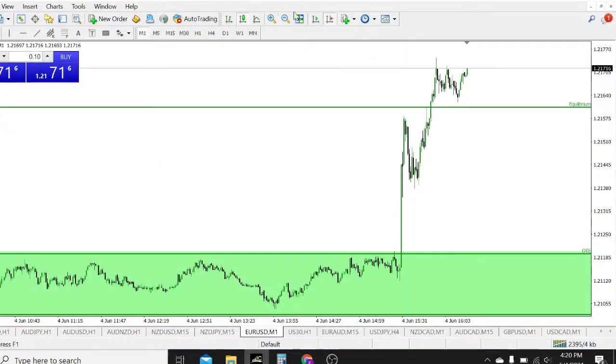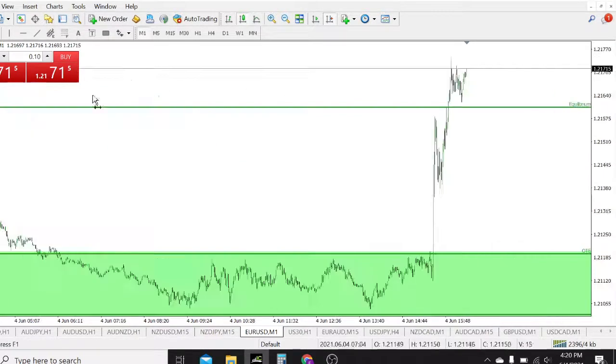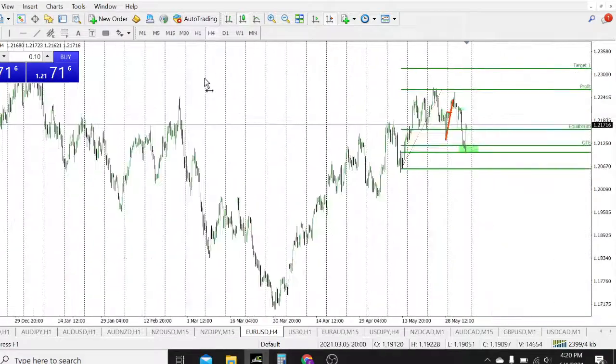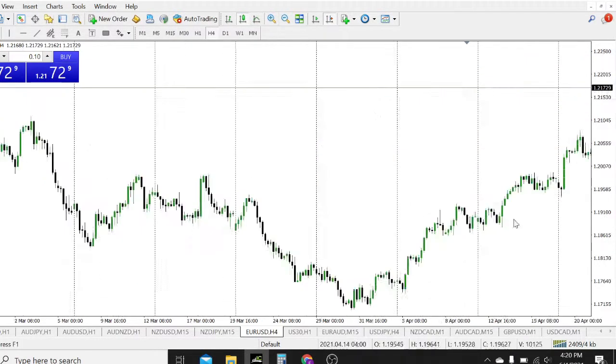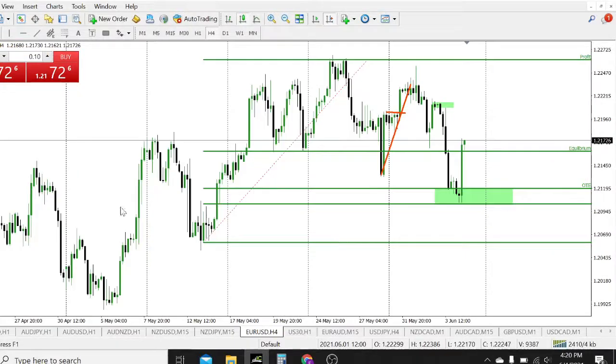If you look at Euro USD, on the 4-hour chart, you can see I drew this Fibonacci series from these lows to this high. You can see at this point on the green zone there was a likelihood of a pullback, and the price reacted exactly due to this condition.